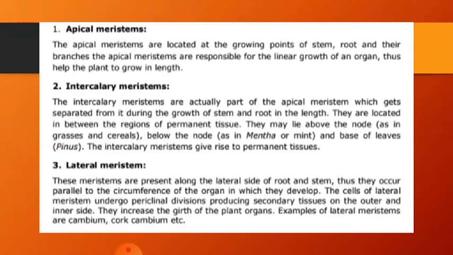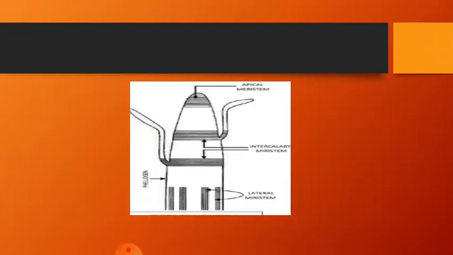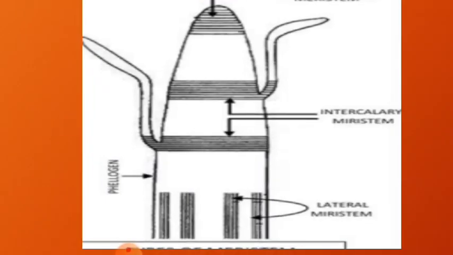It is found at the base of leaves. Here we can see this is intercalary meristem. It is commonly found at the base of leaves above the nodes in case of grasses, or below the nodes in mint. It is found at the base of pinus.